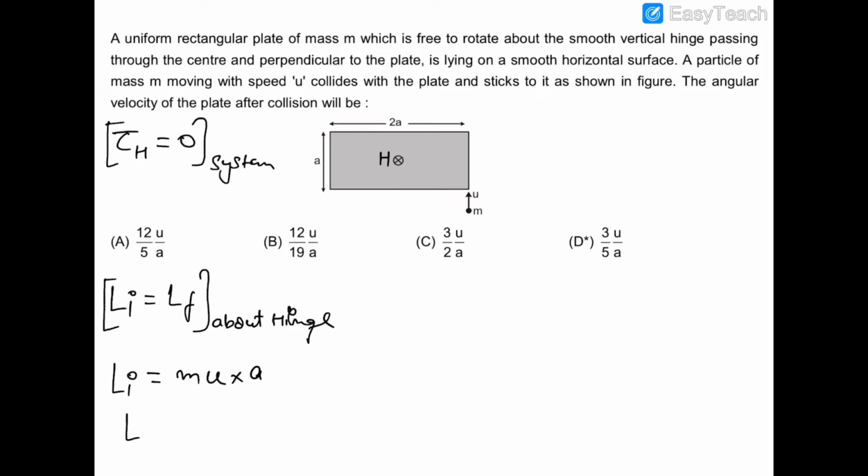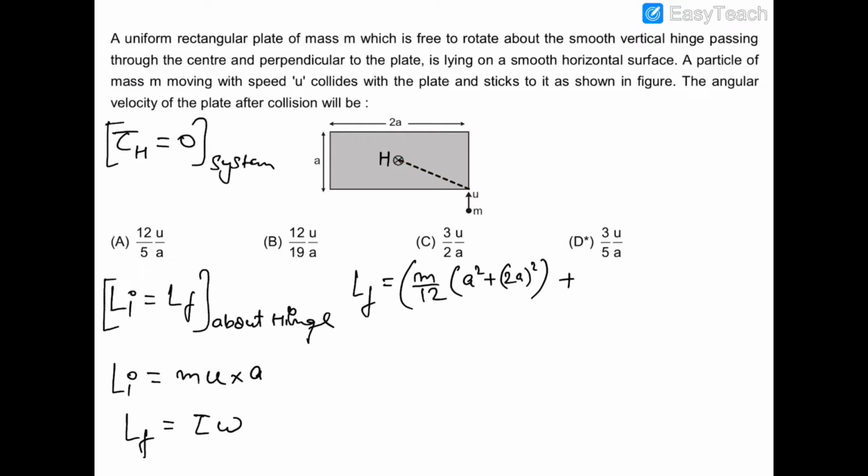And the final angular momentum of the system about the hinge is I omega, where I is the moment of inertia of the sheet as well as this ball. So the moment of inertia of this sheet about this hinge is M by 12 (a square plus b square), where b is 2a, so this is 2a square, plus the moment of inertia of this ball about the hinge will be calculated by the parallel axis theorem.